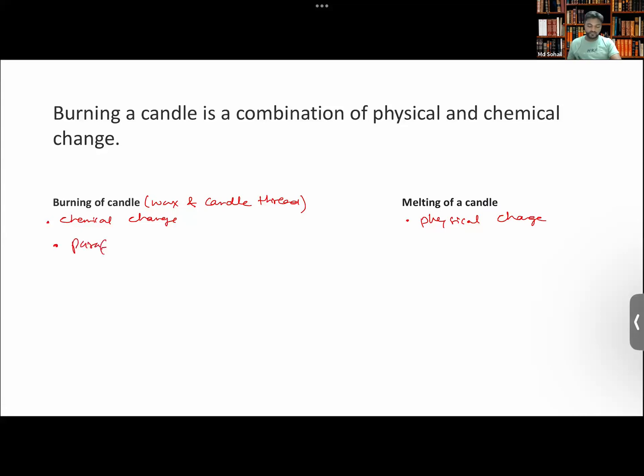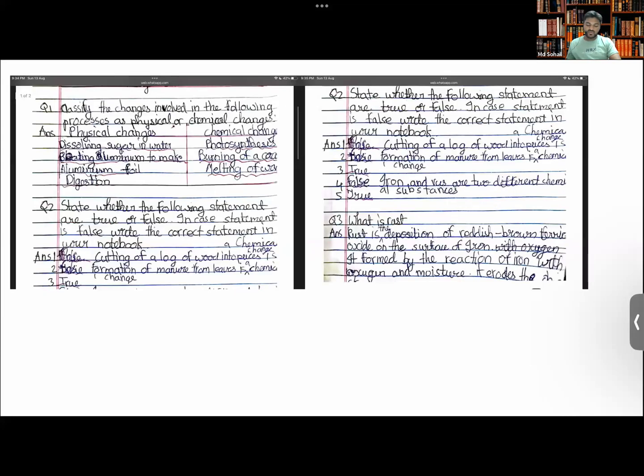Paraffin wax changes to vapors of wax, right? What else is evolved in this? Carbon dioxide gas evolves. Getting it? So these are the things taking place when you burn a candle, and melting of a candle is basically a physical change, right? Because the composition remains the same.